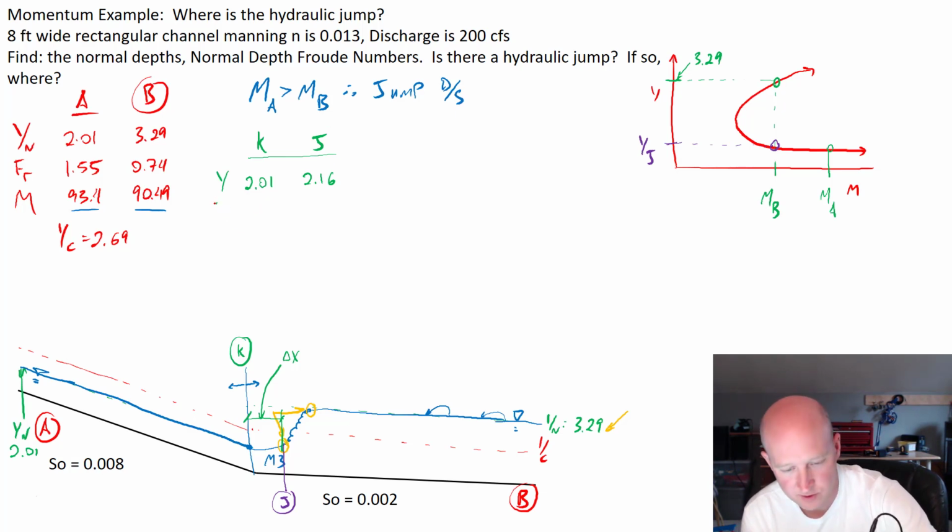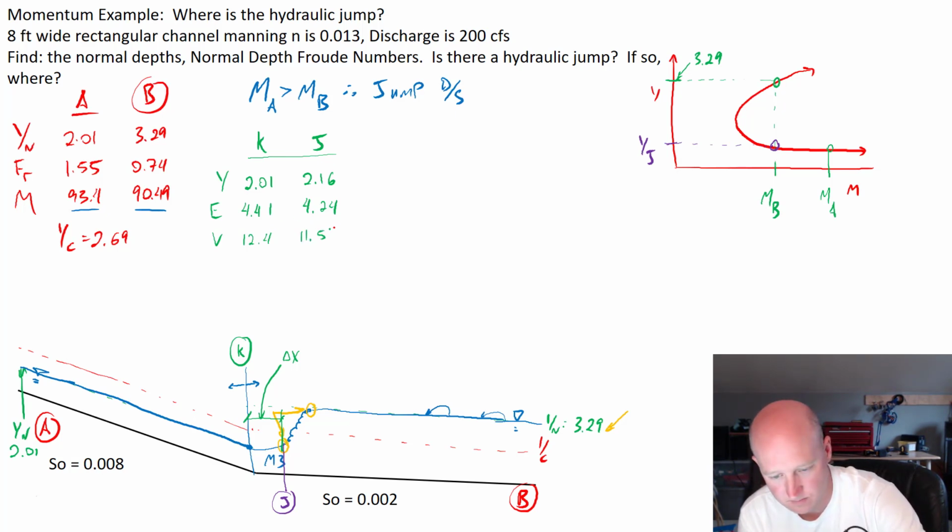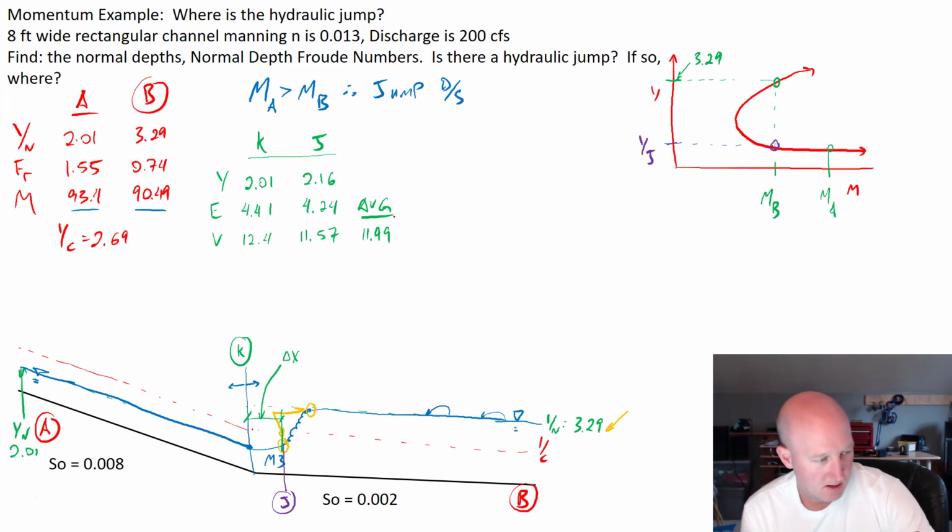We need to know the energies. 4.41 and 4.24. We need to know the velocities. And the average values. So if we average the velocities, we get 11.99. And then we need the hydraulic radii.